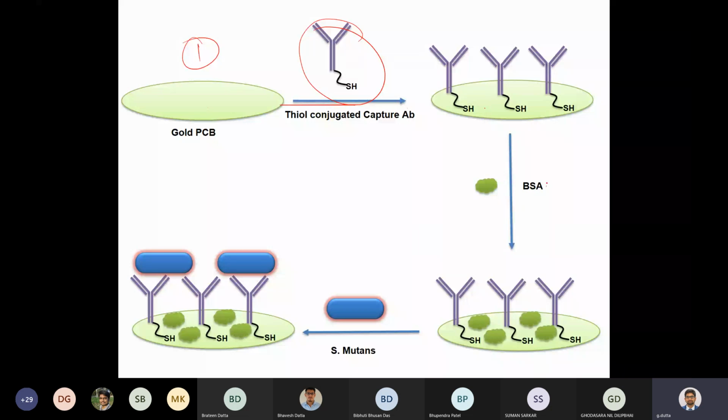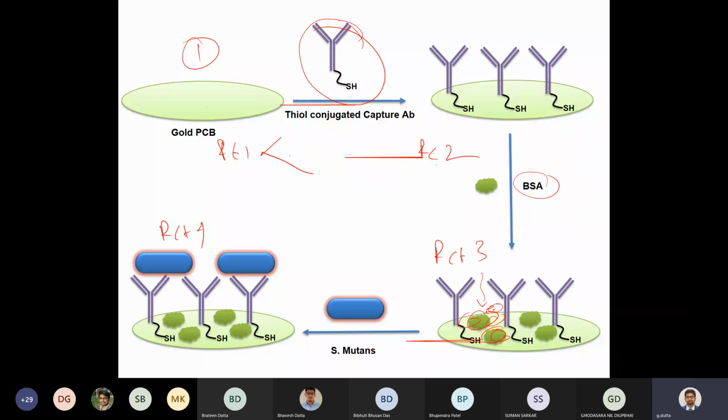After that, if you add some BSA to block the unoccupied surface, because of this protein also the electron transfer rate can be decreased. So RCT1 will be the lowest. Then RCT2 will be higher than RCT1 because some antibody is coated on the surface. Then you add BSA to block the surface, and it will increase again.